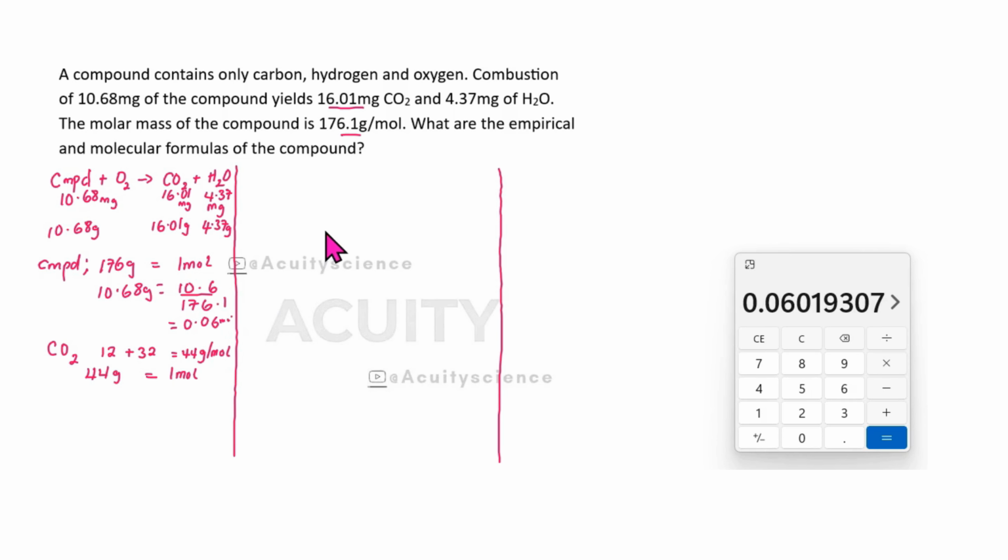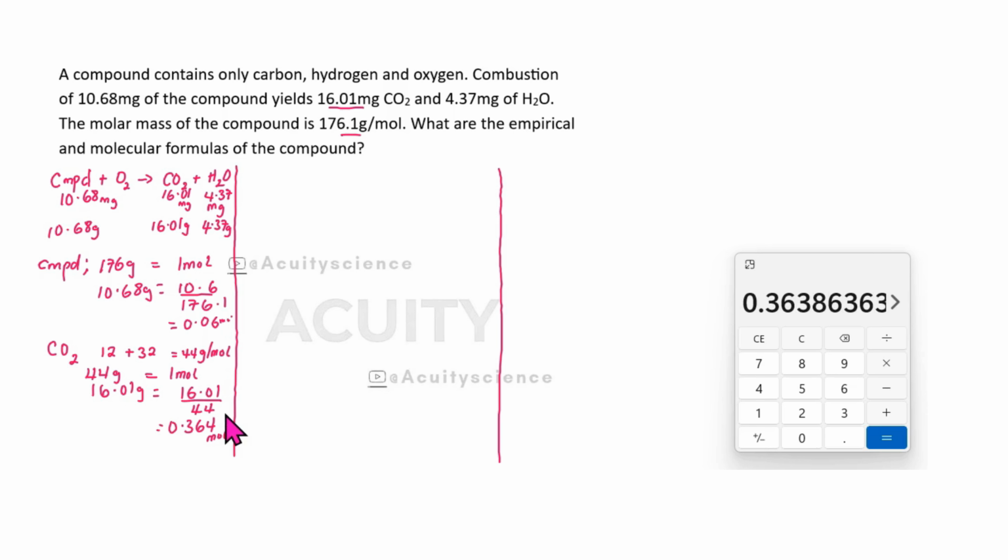Therefore the 16.01 grams that was produced makes 16.01 times 1 divided by 44, which is 0.364 moles.